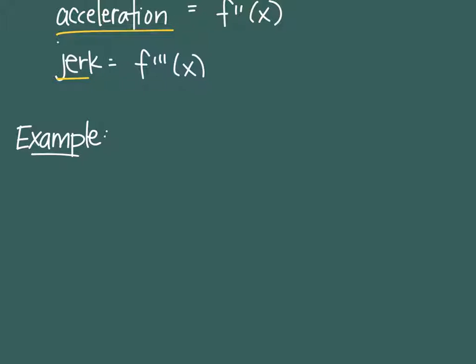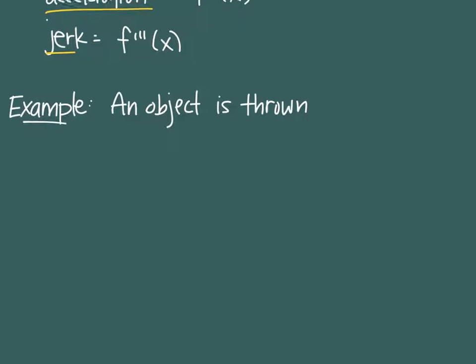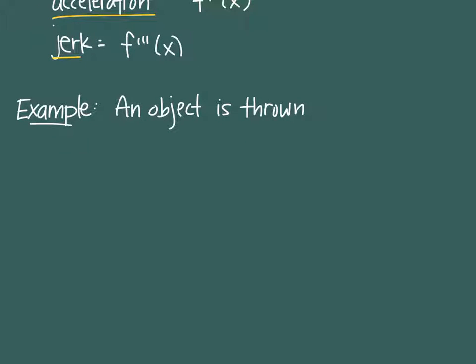So we are going to have a projectile or an object. An object is thrown according to h of t equal to negative 16t squared plus 160t.